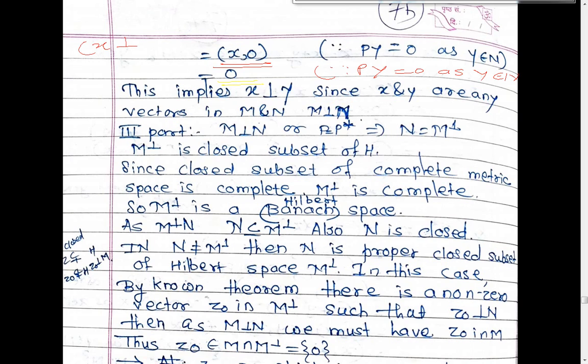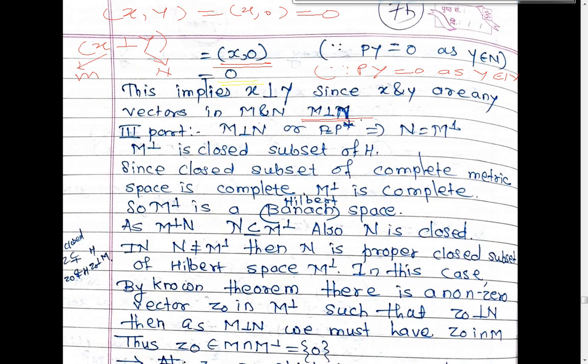We proved that x is orthogonal to y because we obtained that the inner product of x and y equals the inner product of x and 0, and that equals 0 for x belongs to M and y belongs to N. This holds for every x belongs to M and y belongs to N. So we get that M is orthogonal to N.